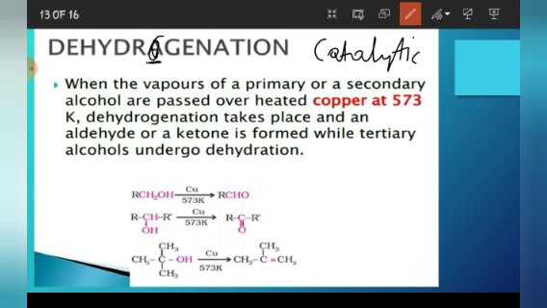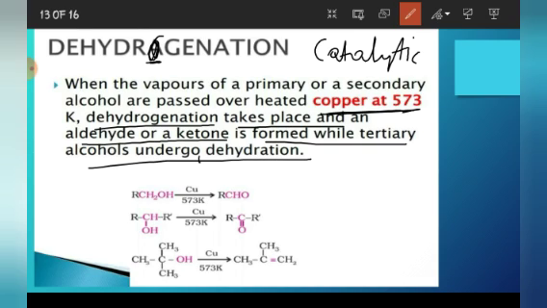When vapors of primary and secondary alcohol are passed over copper at 573 Kelvin, dehydrogenation takes place and an aldehyde or ketone is formed, while tertiary alcohol undergoes dehydration. In all the cases the reagent is Cu at 573 Kelvin, with 1 degree alcohol, 2 degree alcohol and 3 degree alcohol. 1 degree alcohol will undergo dehydrogenation.